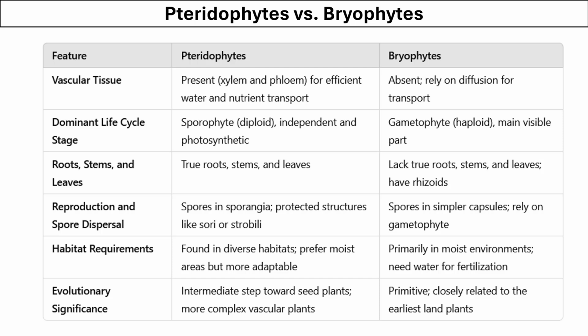Let's look at the comparison between pteridophytes and bryophytes. Pteridophytes have xylem and phloem, which is why they have a developed vascular system, which is absent in bryophytes. The dominant phase of their life cycle is sporophyte, whereas in bryophytes the dominant phase is the gametophyte. Pteridophytes have true root, stem, and leaves, which are lacking in the bryophytes.